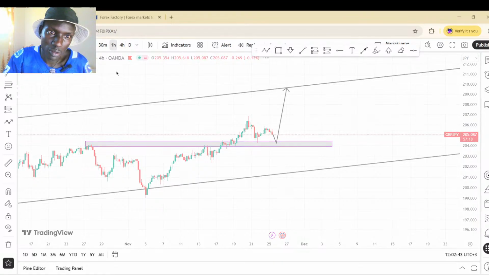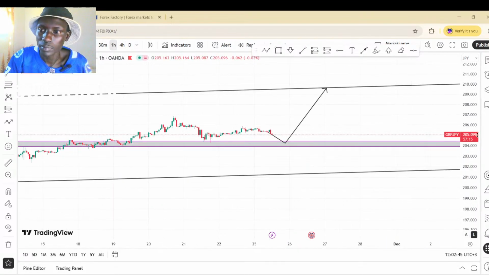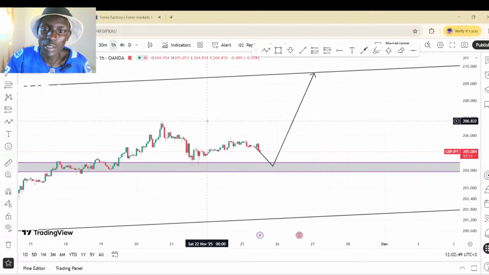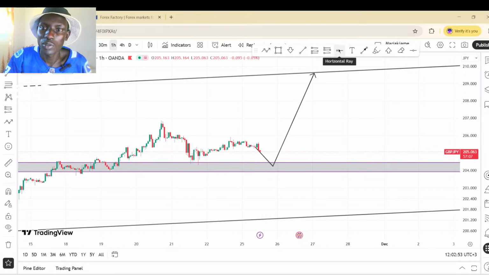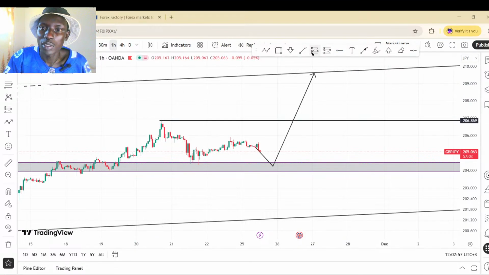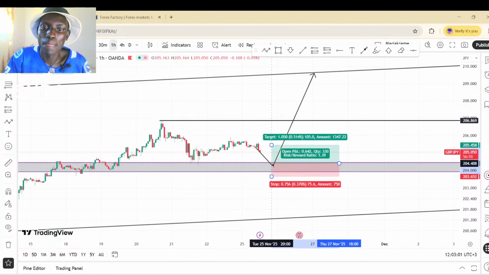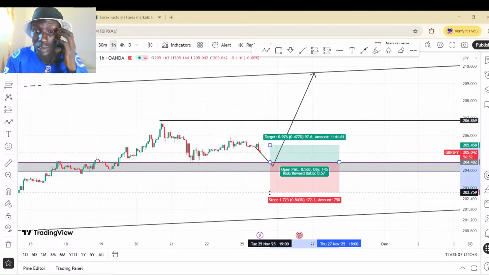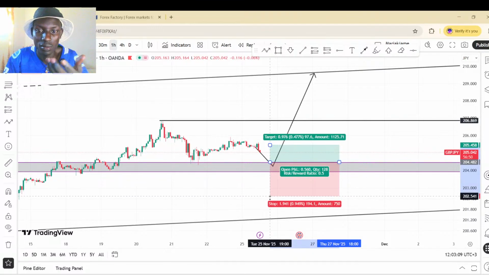Let's check on 1 hour. So 1 hour is the same thing. Our first TP is going to be just here. I don't know how many pips this is. Let's say we are longing it, so the stop loss will be at, let's say, 2 pips.